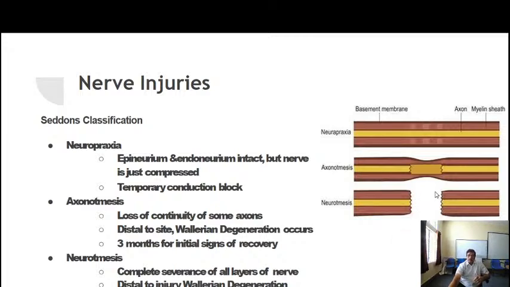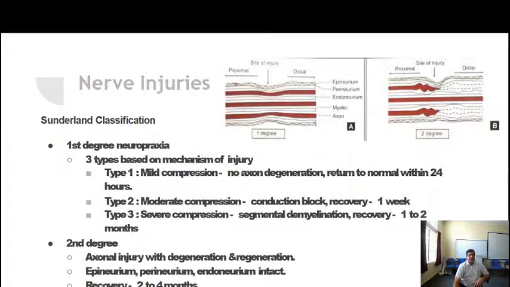This is called neurotmesis, where there is a total block of conduction, and the distal part undergoes Wallerian degeneration, and depending on the gap that is there, regeneration may occur, or it may form a neuroma. That is as far as Seddon's classification is concerned. There is another classification which is more practical, which is the Sunderland classification.